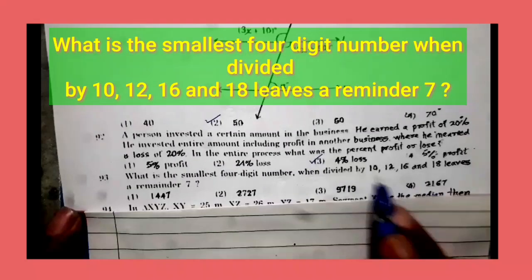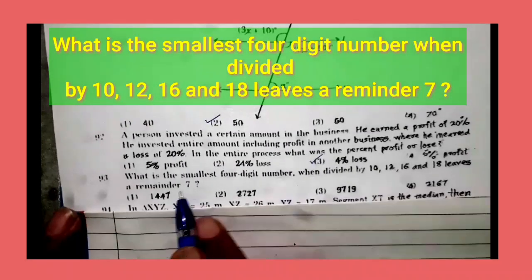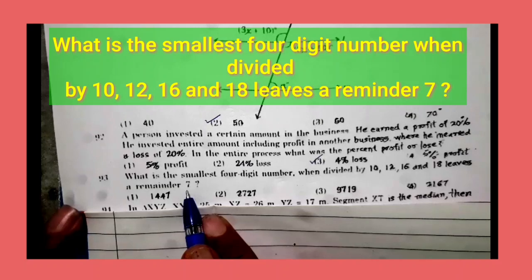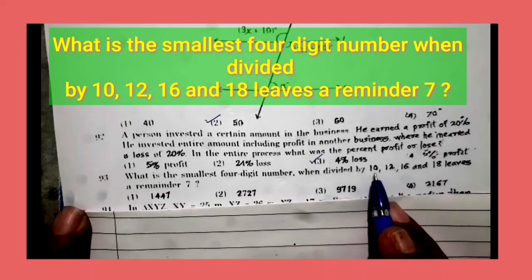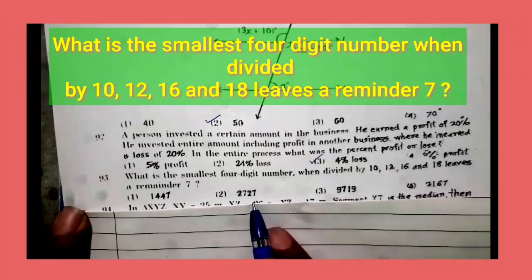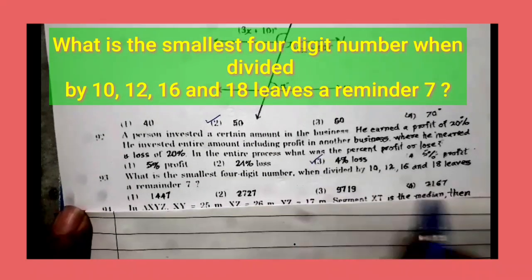If this number is divided by this number, then the remainder is 7. So 7 minus 7 is 0. So this is divided by 10. This is also divisible, this is not, this is not.